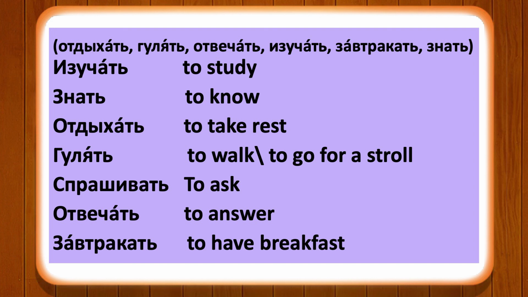Завтракать, to have breakfast. Let me repeat these verbs in Russian once again for you. They are conjugated in a similar manner as the verbs читать and делать. Изучать, знать, отдыхать, гулять, спрашивать, отвечать, завтракать.